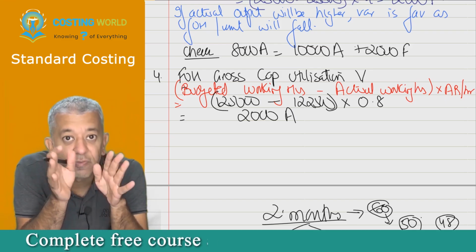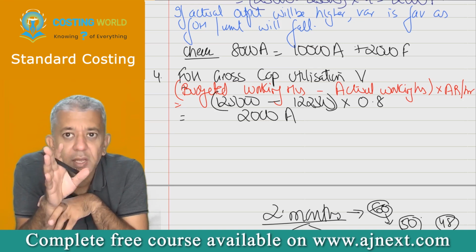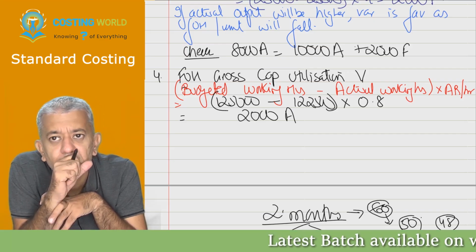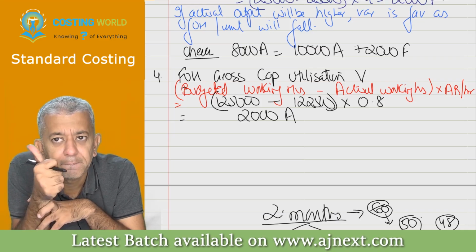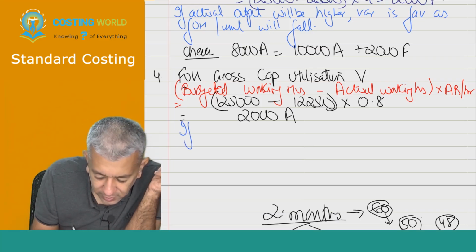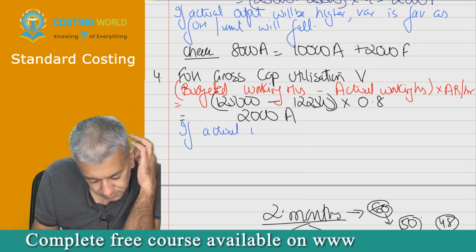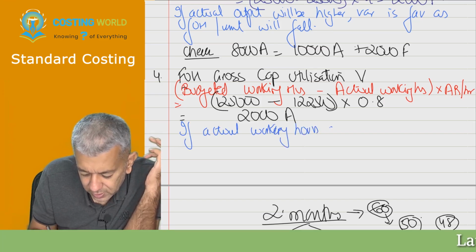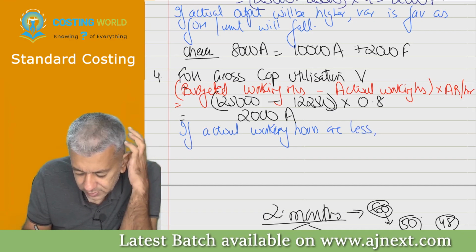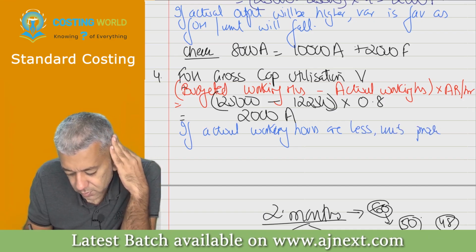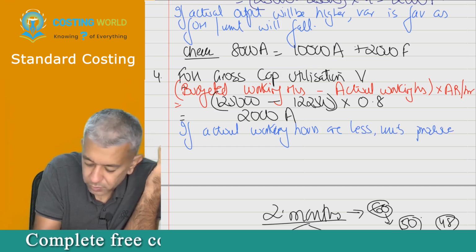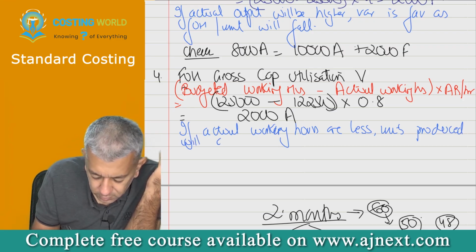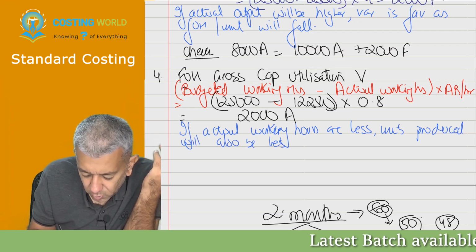Now see, why is it adverse? I am making you all write. If workers work for fewer hours, they will produce fewer units. Can we say fixed overheads per unit will rise, no? Is that okay? Okay, so please write down here: if actual working hours are less, units produced will also be less.